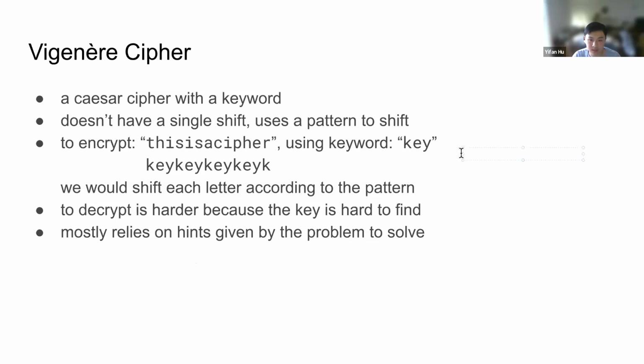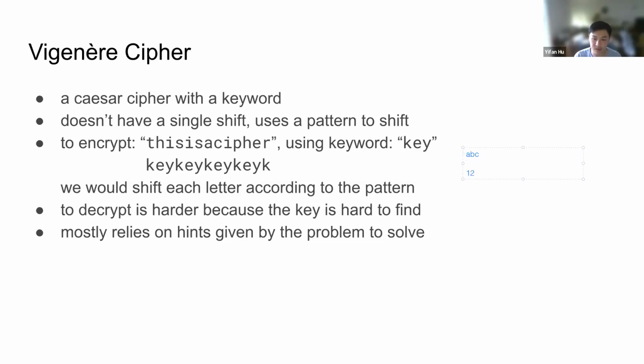So how this works is if you have your Caesar cipher, but instead of shifting everything by the same amount, we have a key. Pretend the keyword is like ABC. Because A is the first letter of the alphabet, it's 1.